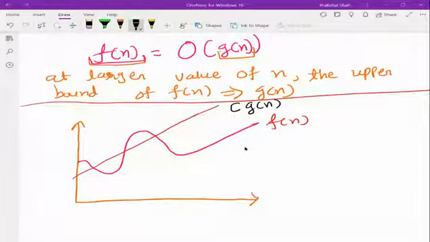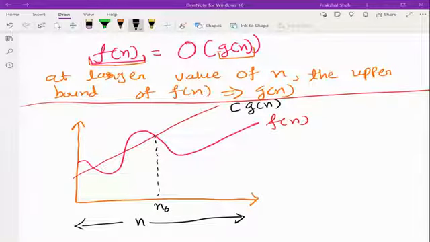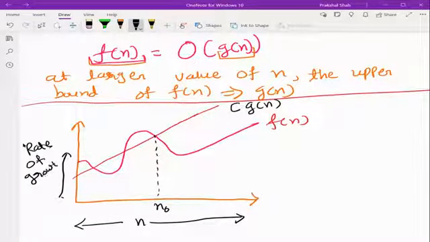Now what is the point here? This is the intersection point, which is my n naught. These are the values of n, and this is my rate of growth. This is my f of n.